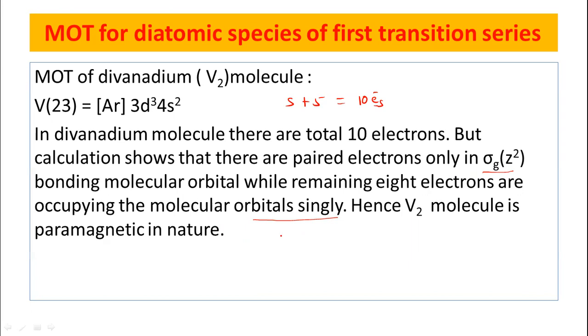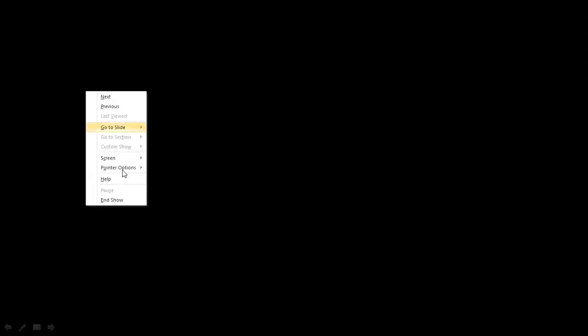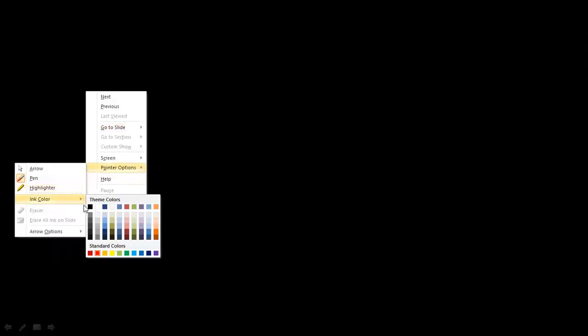So let us see this first: how there is a single unpaired electron in each of the 8 molecular orbitals, and how the molecular orbitals are formed in the vanadium molecule. We know the V2 molecule has a total of 10 electrons.